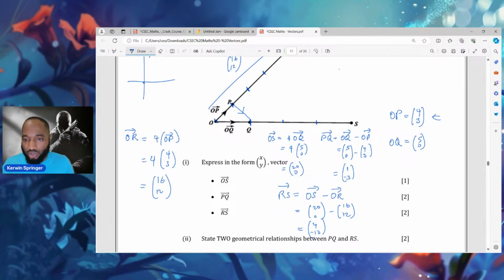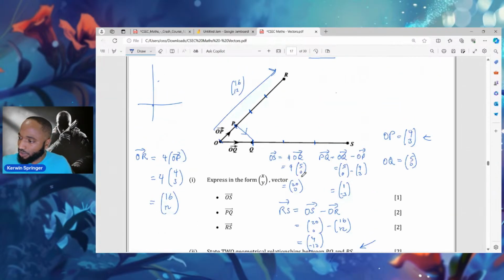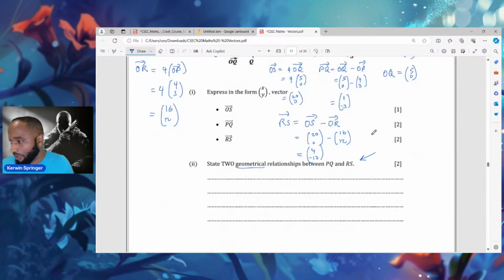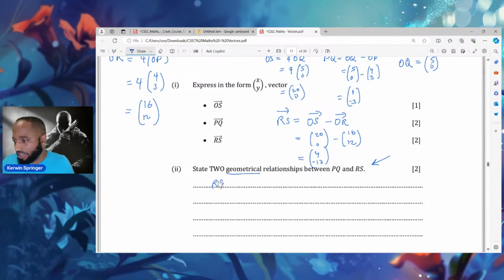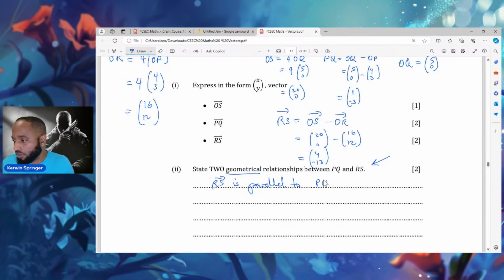And watch this. This is how they usually end a vectors question. You usually end a vectors question with this part here, the geometrical relationships, where we talk about either parallel, collinear, those kind of things. And we can clearly see we found RS, we found PQ. Can you see that they are parallel to each other? Yes, they are parallel. RS is parallel to PQ, since they are related by a scalar factor of how much?